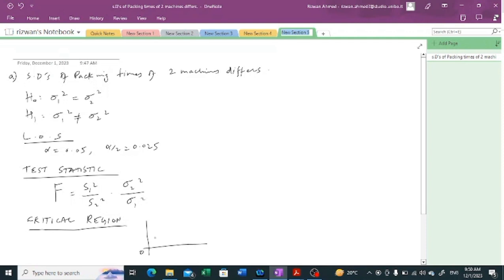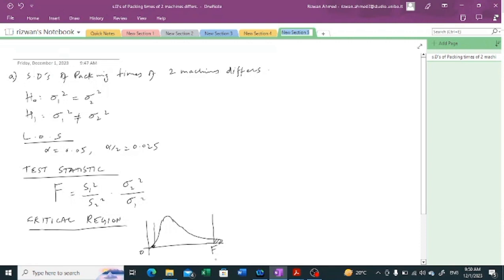We know that F follows a positively skewed behavior, and both the data sets have equal degrees of freedom.